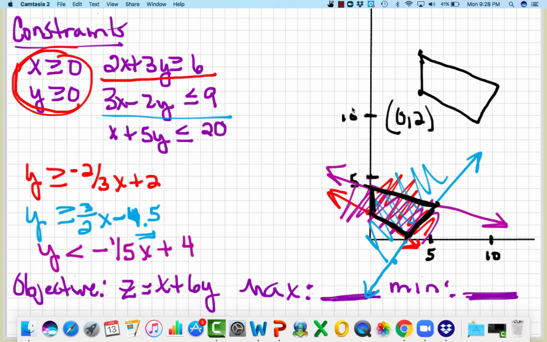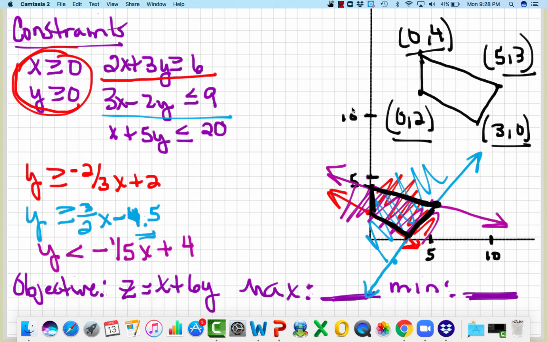This point is at 0, 4. Down here is the point 3, 0. And then my last corner is actually here, and that is the point 5, 3.